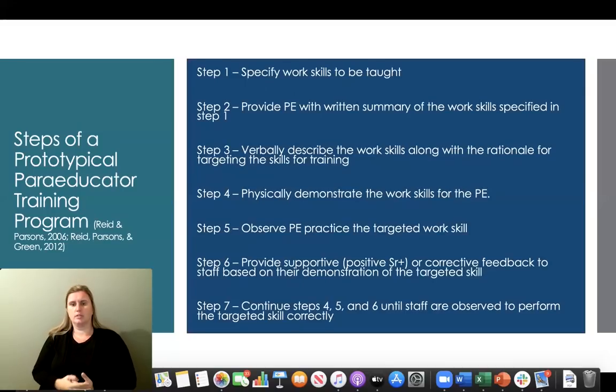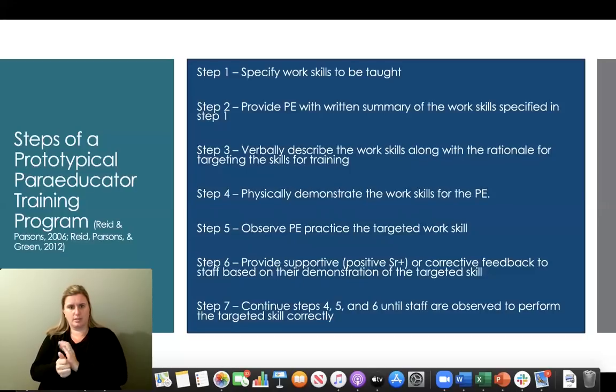So for instance, first of all, an identification of the specific work skills to be taught, identifying and specifying those specific skills to our paraeducators. Then provide our paraeducators with written summaries of the work skills specified in step 1. Then verbally describe the work skills along with the rationale for targeting those specific skills.